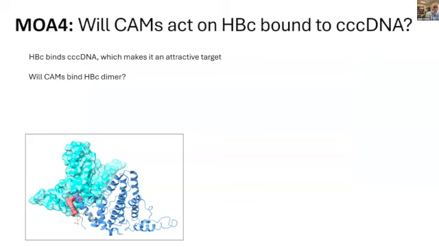While it's easy to pick out a starting point for the observation of the first three mechanisms, as soon as CAMs started appearing, there seemed to be some evidence for these other activities. Now, earlier, I showed you that CAMs act by binding at a dimer-dimer interface. For CAMs to have this alternative activity, one would expect a CAM to bind to an individual dimer.